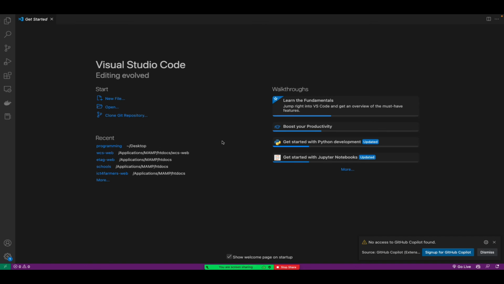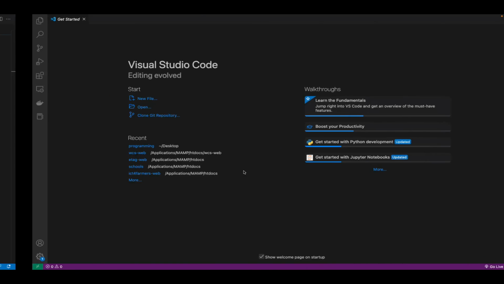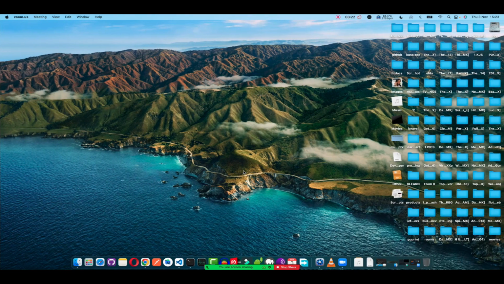So I had already created a folder, but I'm going to create a fresh one so that you can get everything step by step. To do that, I'll simply come to my desktop. For those who are using Windows, go to your desktop, then right click and say new folder. Here I can give this folder a name.